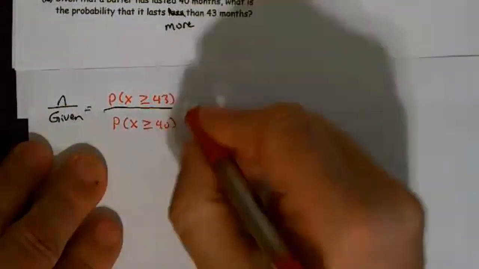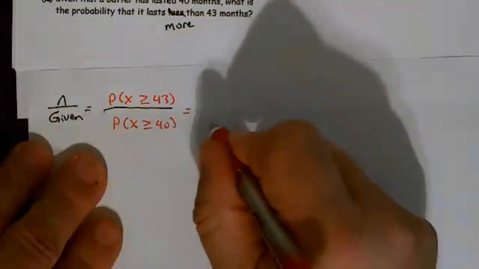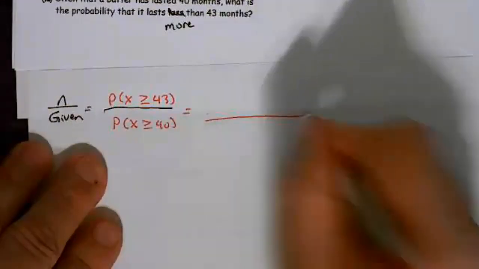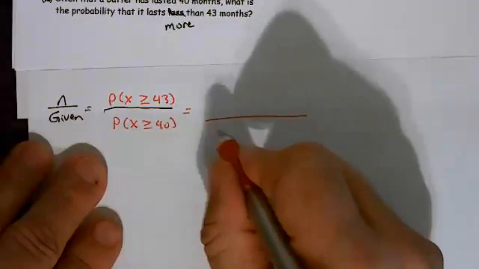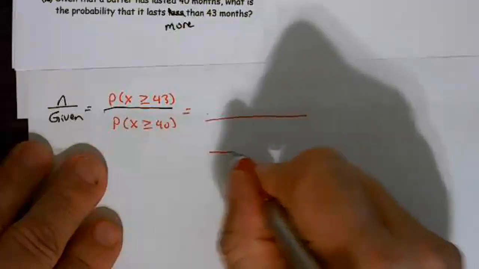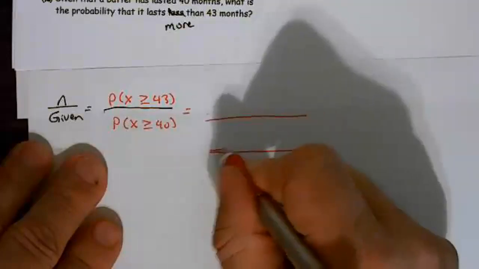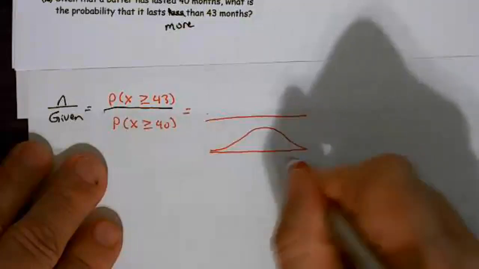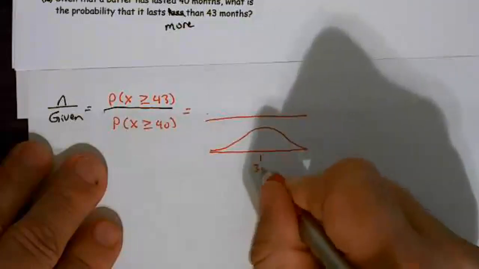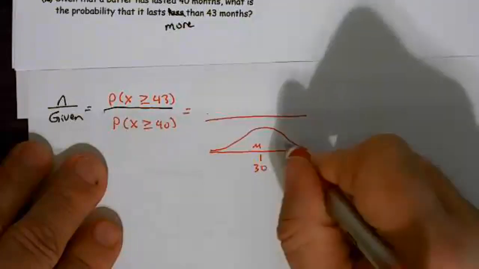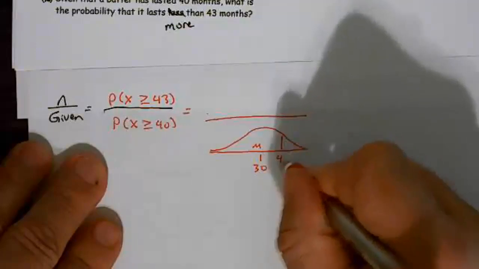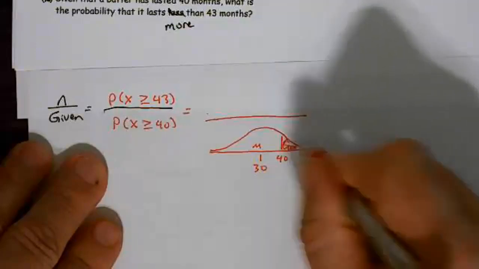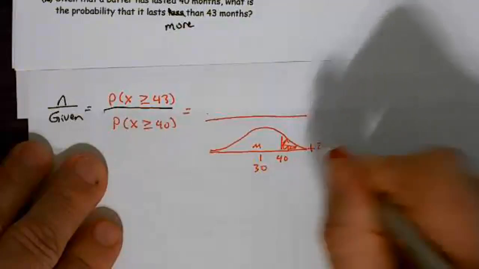So that's what we're looking at. Well, that means I need a graph. So this is a little bit weird, but I'm going to have a graph over a graph. Now they told me the underlying distribution is normal. We still remember that. This is 30. So that's my mean. My X is 40. We go up to positive infinity.